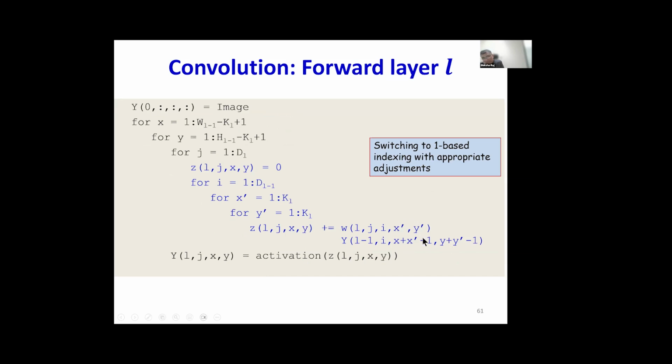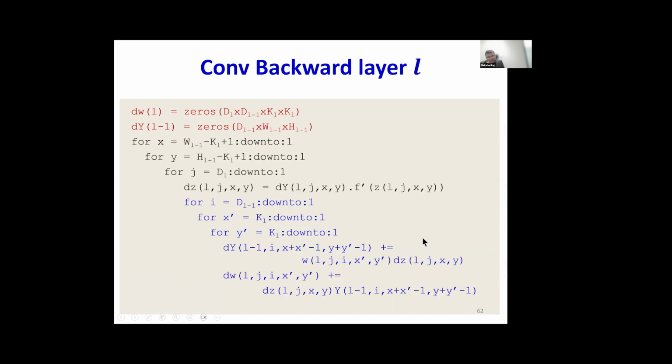The actual indices are given to you right in this code. And so when you go back, the derivative for Y at x plus x prime minus 1, y plus y prime minus 1 is going to be incremented by the product of the derivative of Z at xy and the filter at x prime, y prime. Similarly, the derivative with respect to the filter at x prime, y prime is going to be incremented by the derivative of Z at xy times Y at x plus x prime minus 1, y plus y prime minus 1.